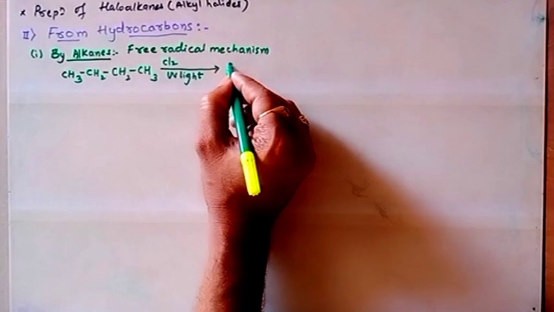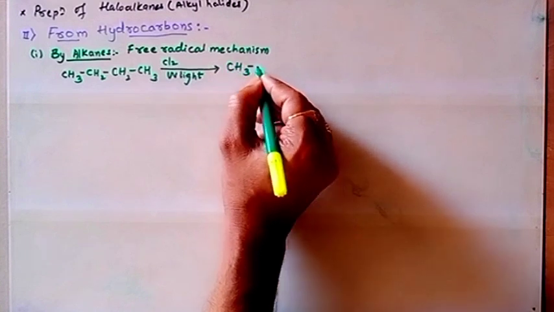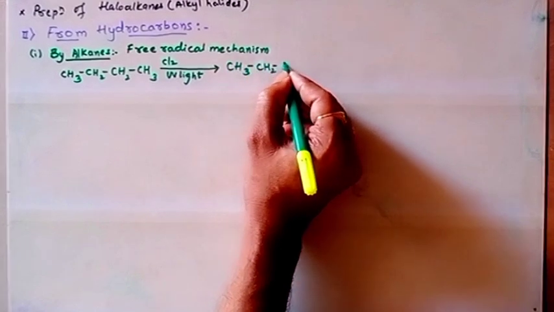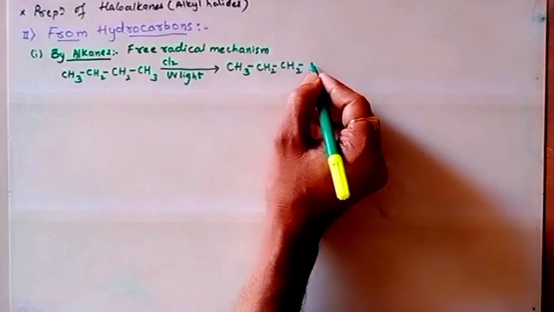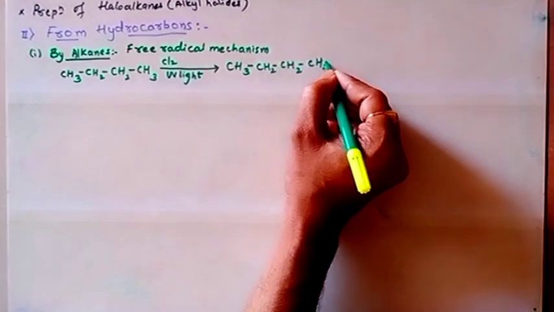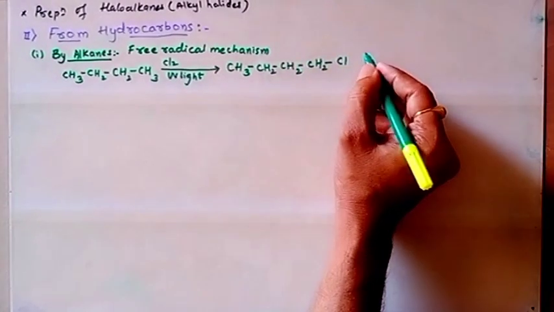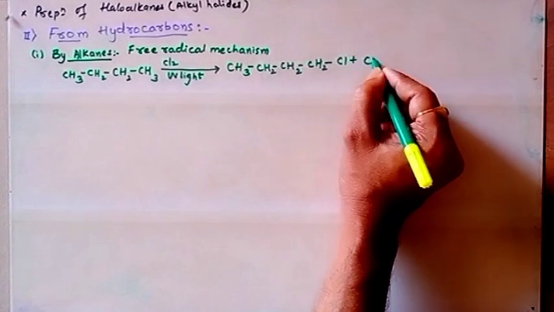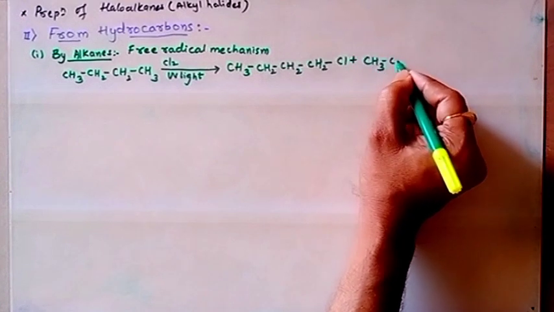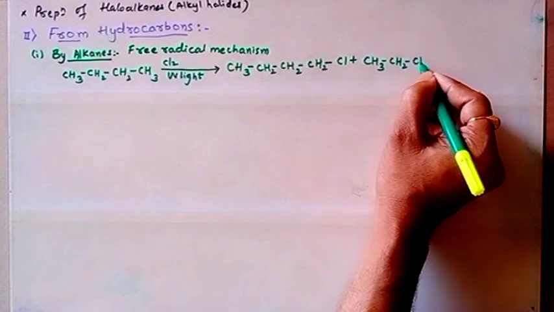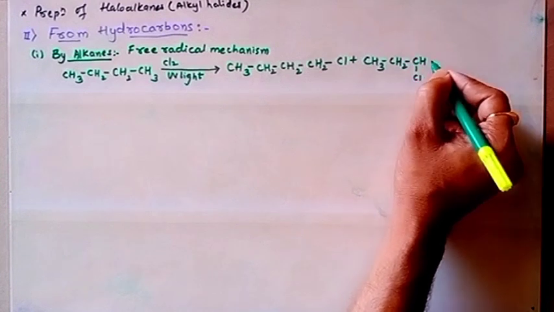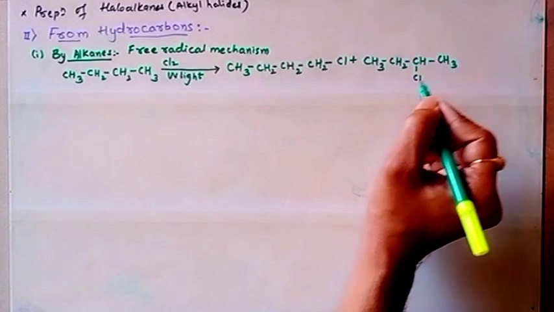We'll get CH3CH2CH2CH2Cl plus CH3CH2CHClCH3.